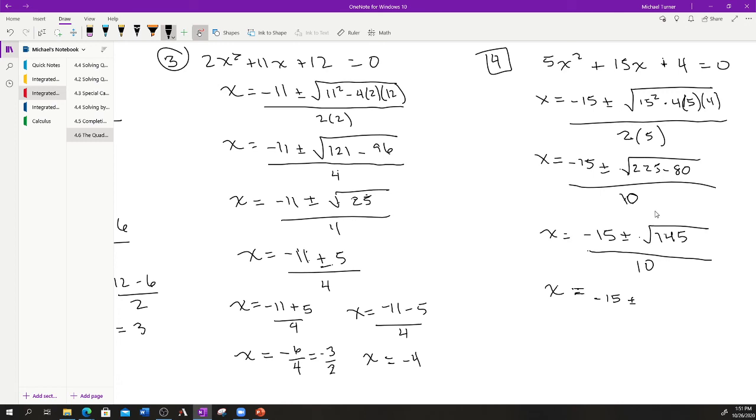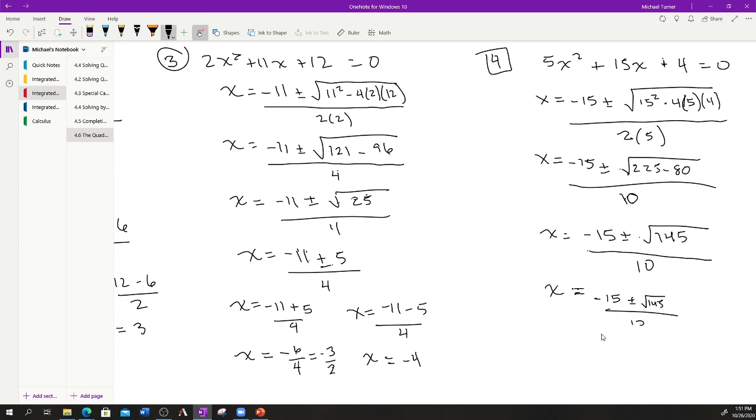Like let's say you're trying to do a factoring tree, you know that 5 goes into 145, so that's 29 times 5. But 29 itself is a prime number. So in this case, I would be left with negative 15 plus or minus the square root of 145 over 10. I can't simplify that radical anymore.